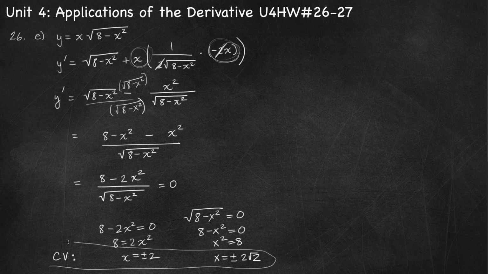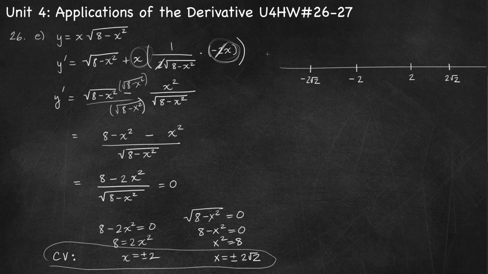I'm going to place them on a number line. 2 root 2 is larger than 2. So putting these in order, we have negative 2 root 2, then we have negative 2, we have positive 2, and then we have positive 2 root 2.